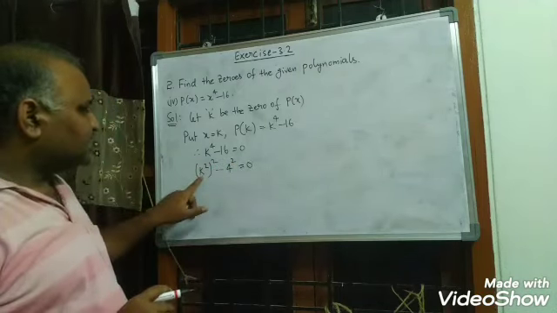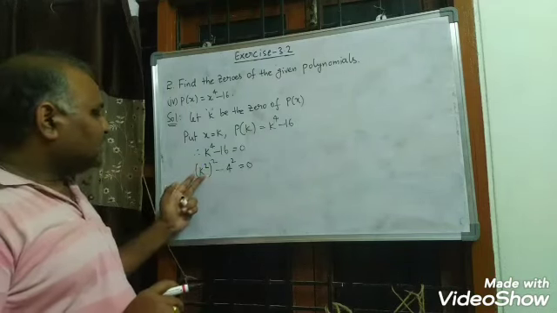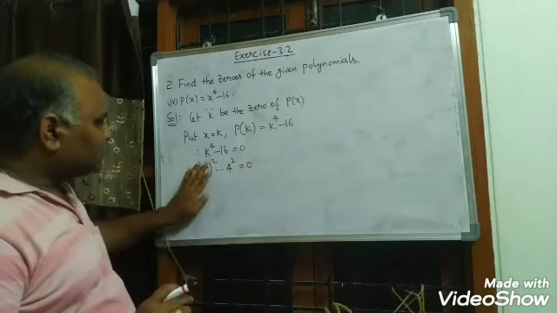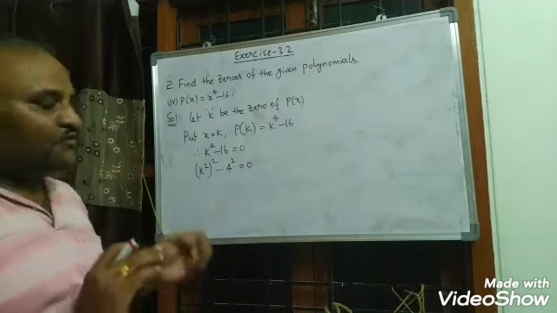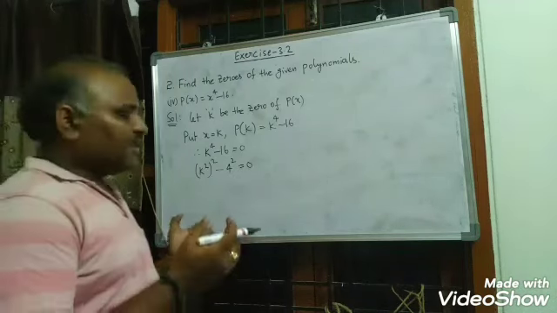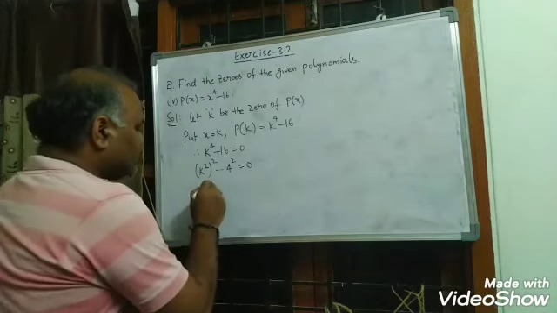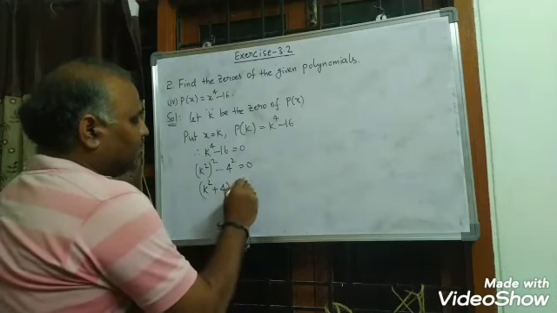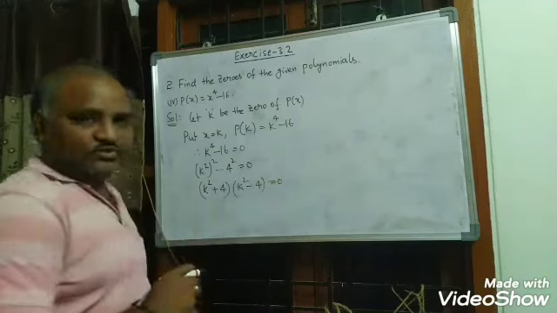Okay, so we can write this as k square whole square minus 4 square equal to 0. Now this is in the form of a square minus b square, which can be split into a plus b into a minus b. So a is here k square, so k square plus 4 into k square minus 4 equal to 0.